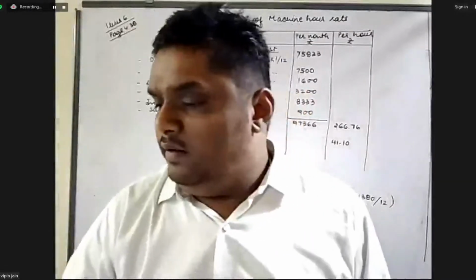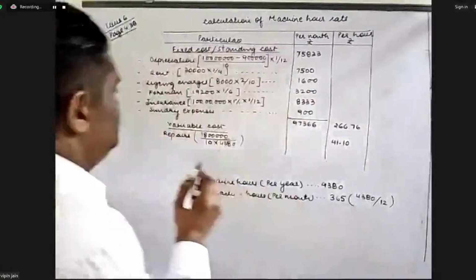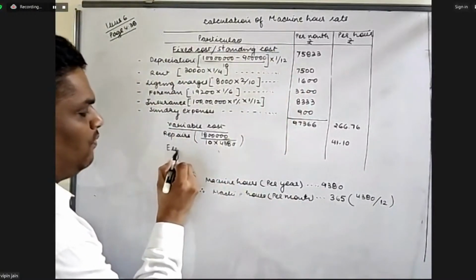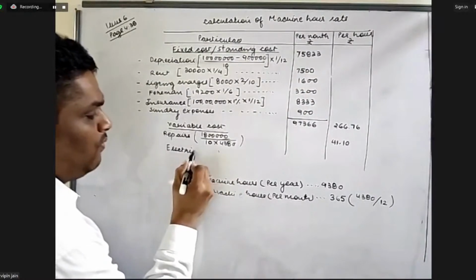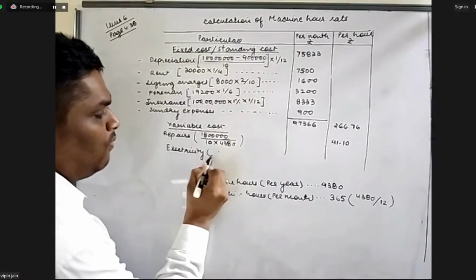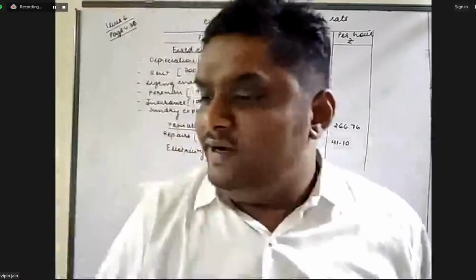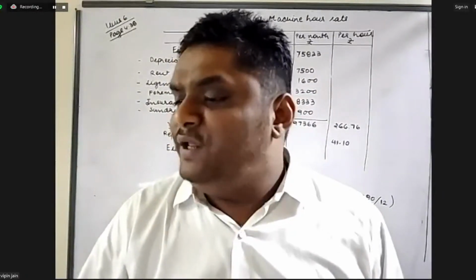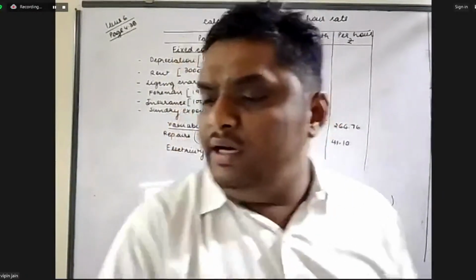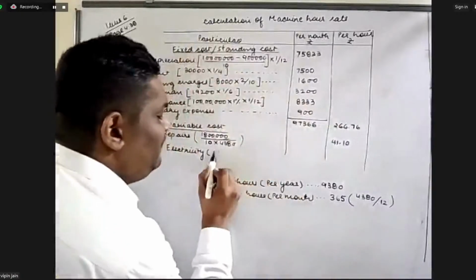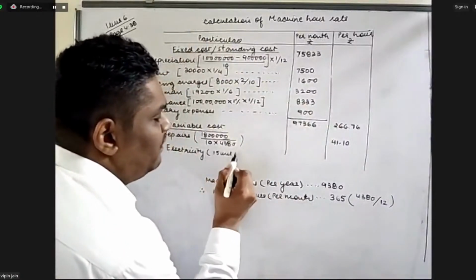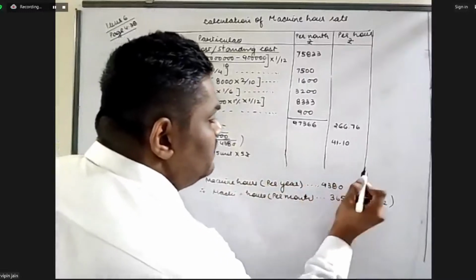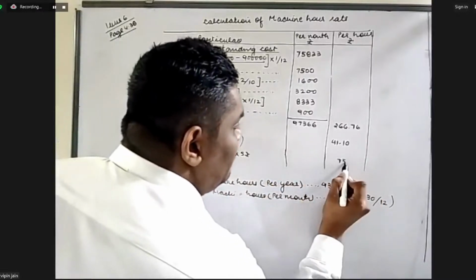Further, electricity. When talking about electricity, it says that every hour 15 units are consumed and the per unit rate is 5. So 15 into 5, that is 75.